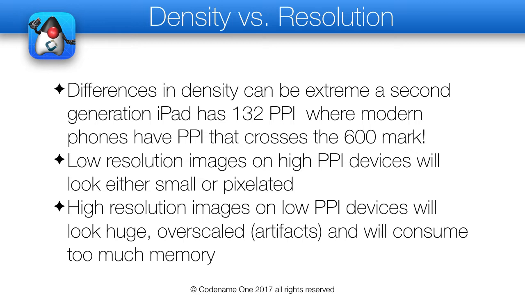So these devices usually have less memory, so they will really be hit if we have too many high resolution images. And also, scaling down a high resolution image doesn't look as good. It doesn't look as bad as scaling up, but you still get artifacts, not as bad, but still artifacts. And that's not an option either.